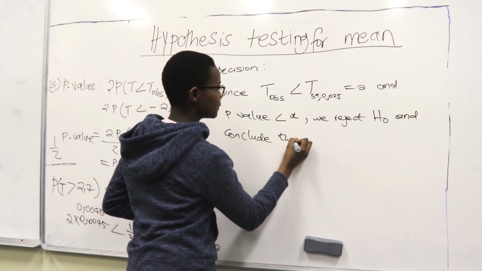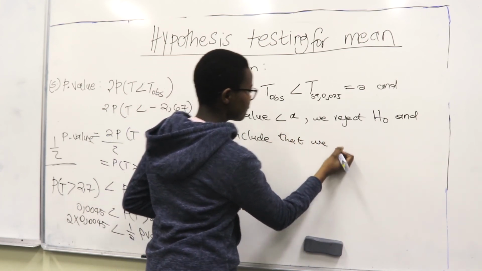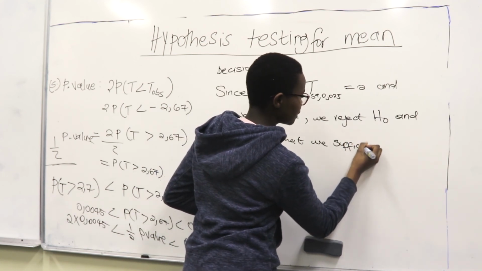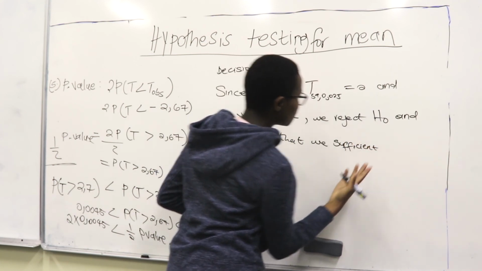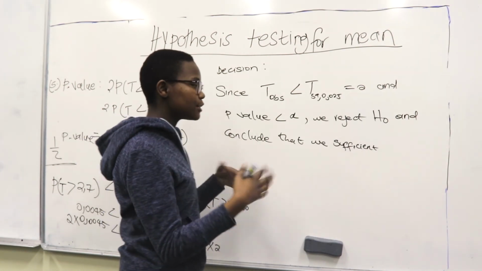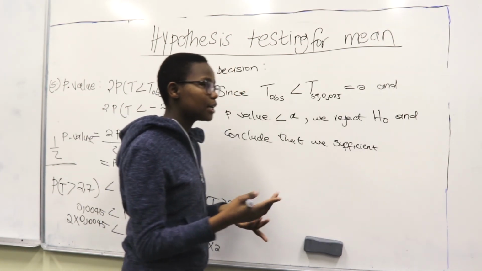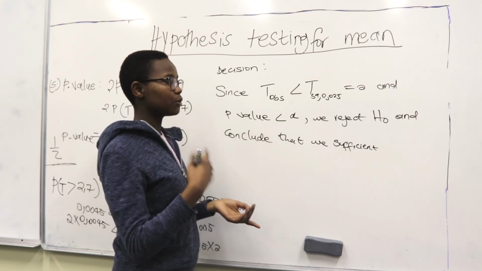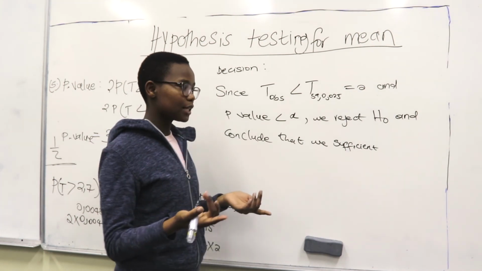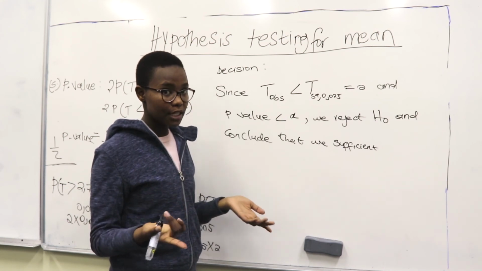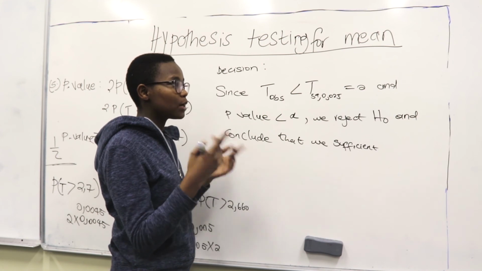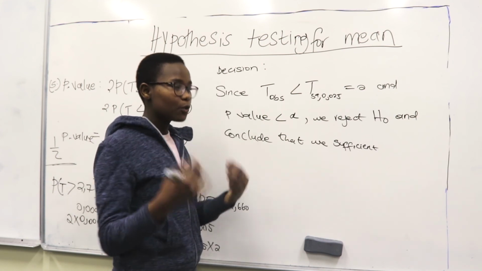If we reject, we have sufficient evidence to say that H naught is wrong. But if we fail to reject, then you would say that there is insufficient evidence, because in a case where we have to accept, you can't exactly say you accept.